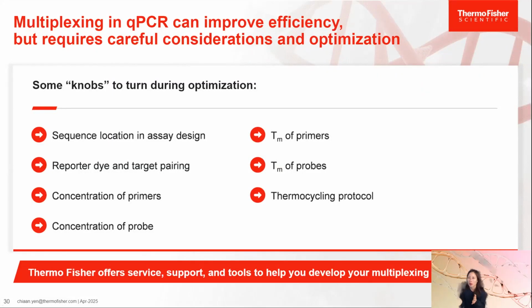Okay, so as we have shown in the beginning of the talk, we know that multiplexing is beneficial, right? It saves time, it saves money, it reduces plastic waste, and it improves efficiency. But as we move on to the next section of the talk, we talk about the many different things that you need to look out for when you're developing the multiplex workflow.